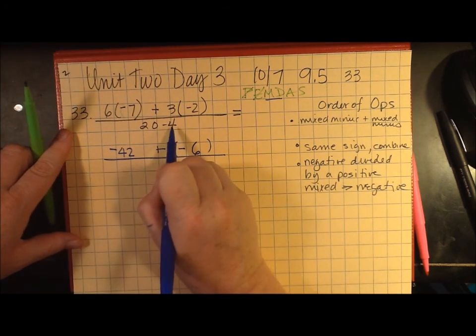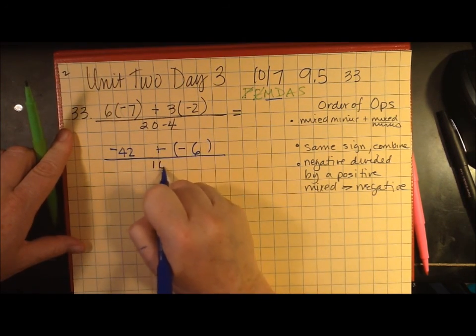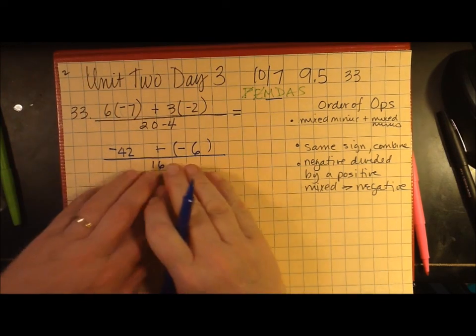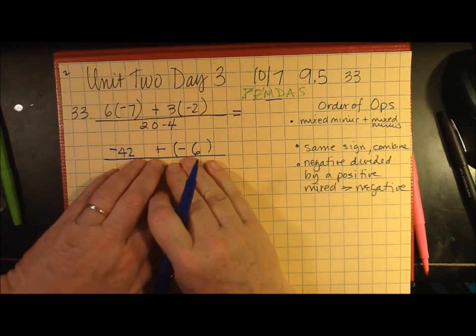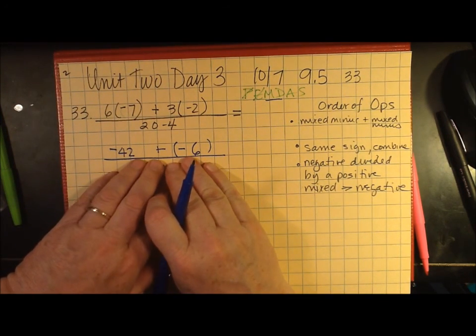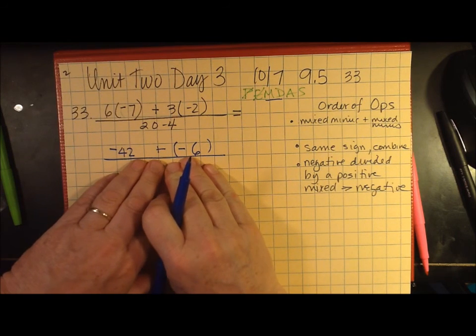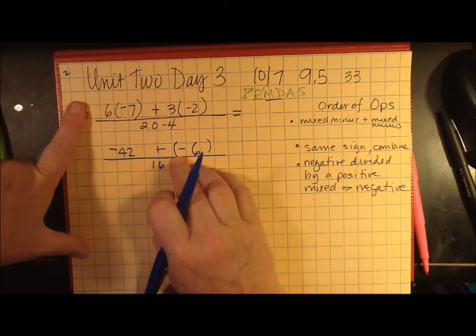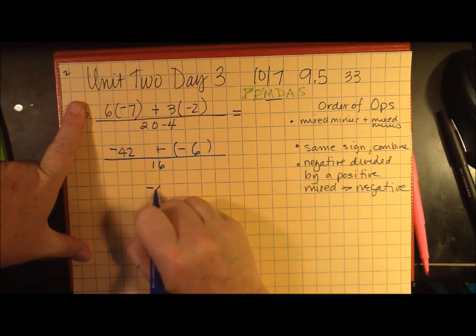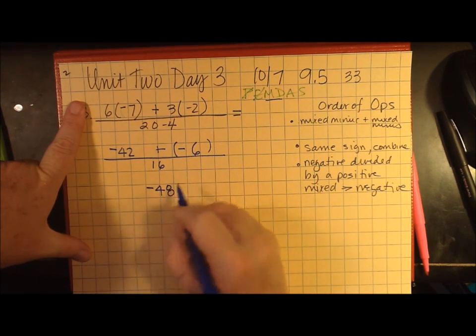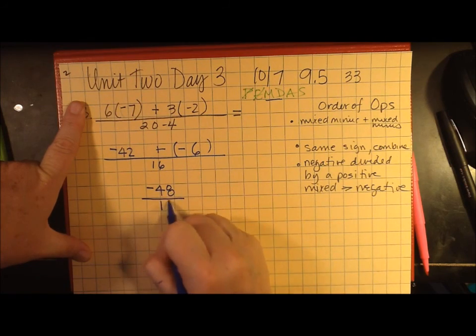And I know that 20 minus 4 is 16. So now I'm still looking at the more complicated part of the problem. Same sign, just combine. So negative 42 plus negative 6 would be negative 48. I'm combining. Divided by 16.